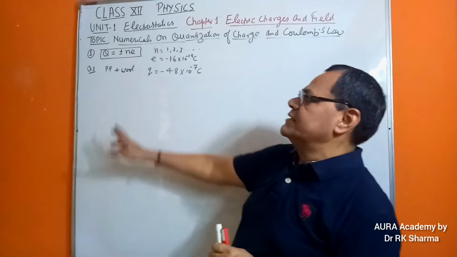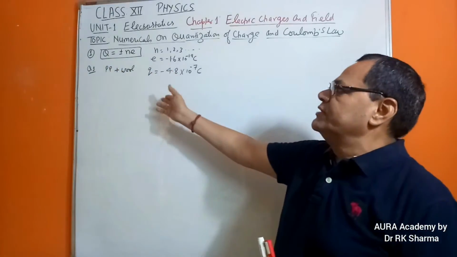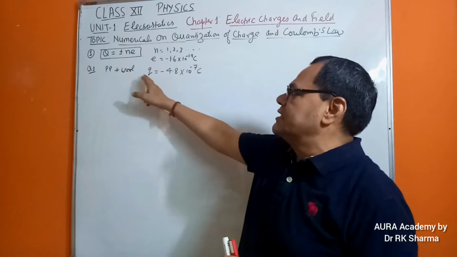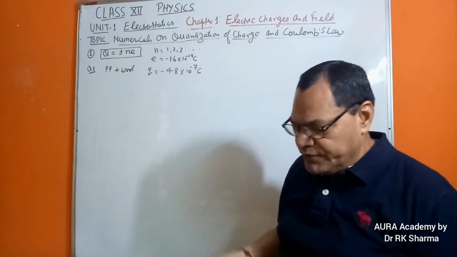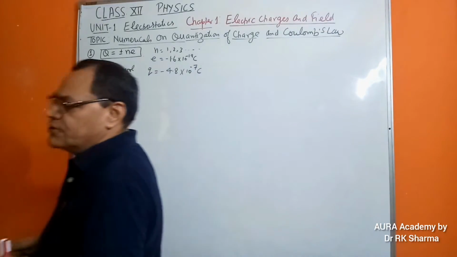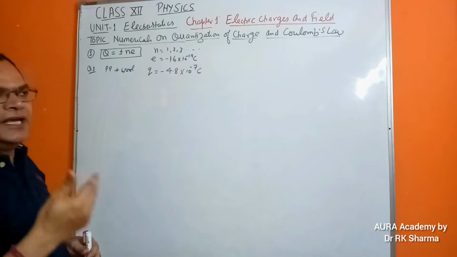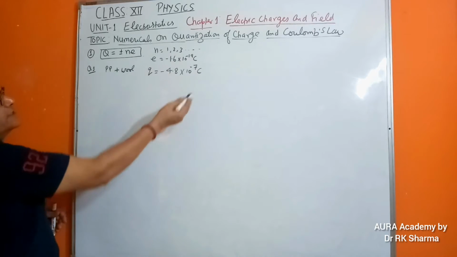So the question is like this: when the polythene piece or bag is rubbed with wool, wool transfers electrons to the polythene, and the charge acquired by the polythene is this much coulomb. We have to find the total number of electrons transferred and also the mass transferred, if any. Clear? So it is very simple.